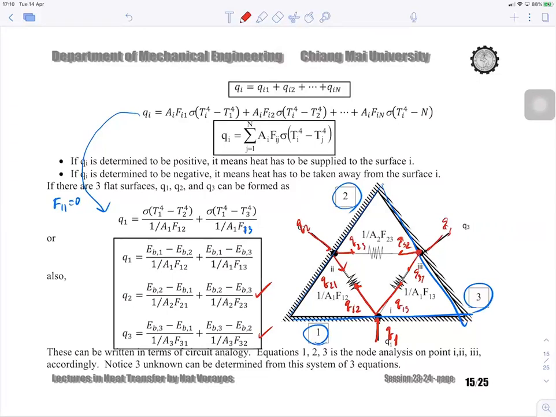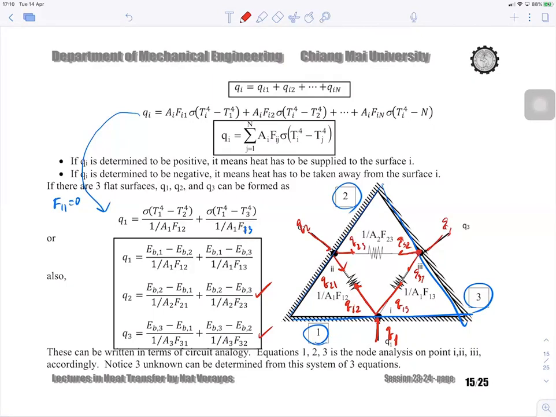So take a look at this. You have a system of 3 equations. Each equation seems like nodal analysis. You remember in the electrical engineering class, you have nodal analysis like that.